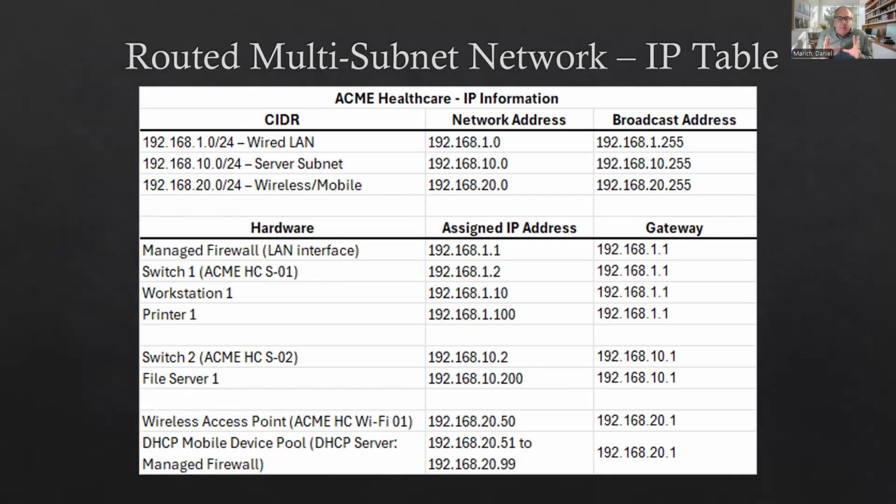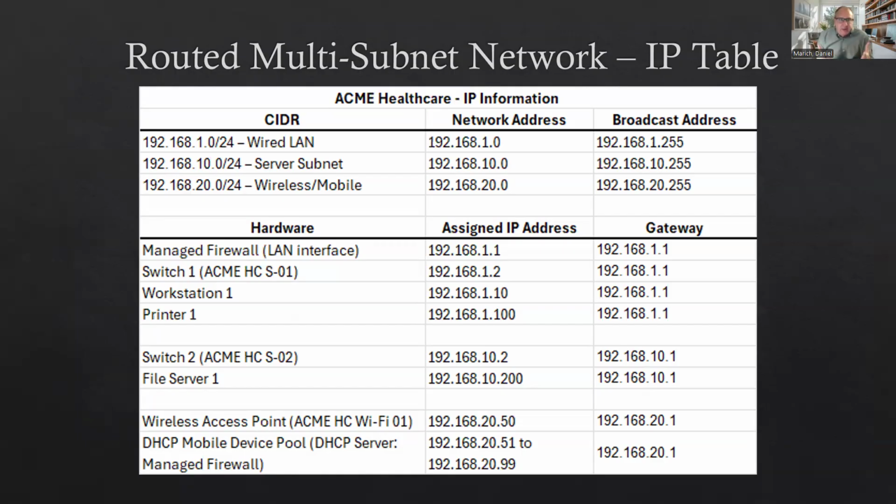But if you really want to do it right, you should have an IP table that goes along with your network map. One of you has actually been working on that, and I'm very, very pleased to see that. So keep working on that, organize it a little bit better, and get your subnets reflected in the IP table. For the rest of you, don't be afraid to add one in there.